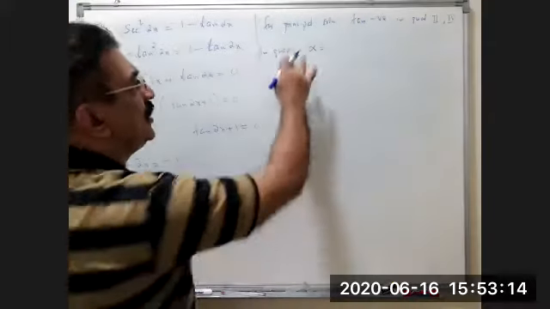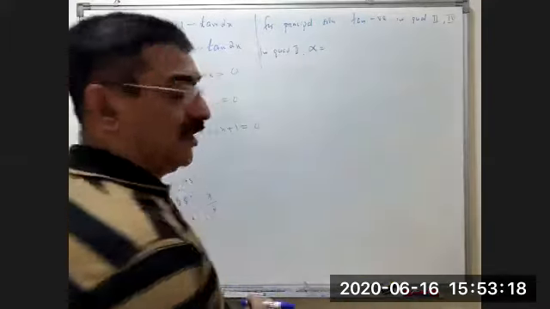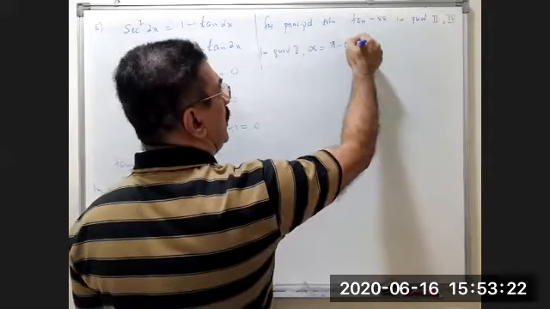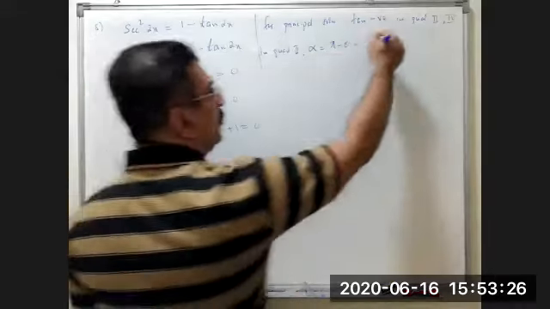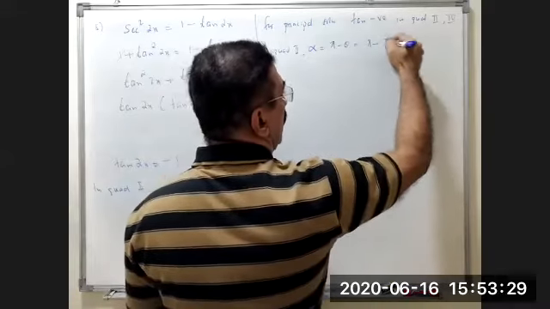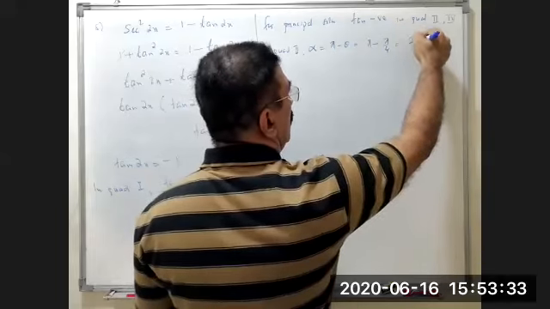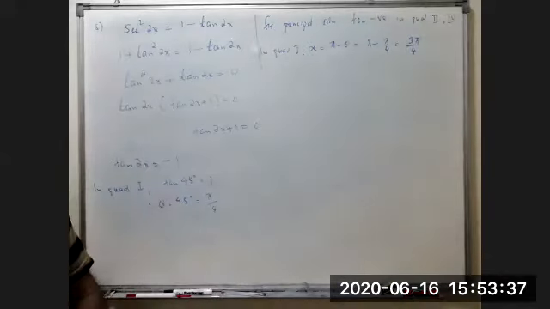So in quadrant 2, our alpha, the formula, is pi minus theta. That is pi minus, what's the theta? Pi by 4. Pi minus pi by 4 is 4 pi minus pi, it is 3 pi by 4. So in quadrant 2, our alpha is 3 pi by 4.